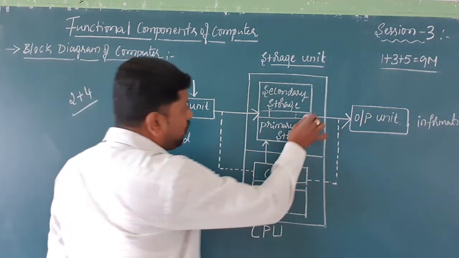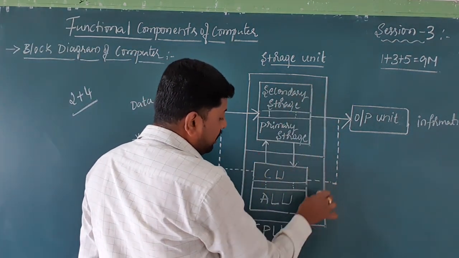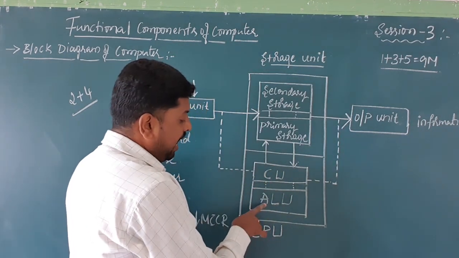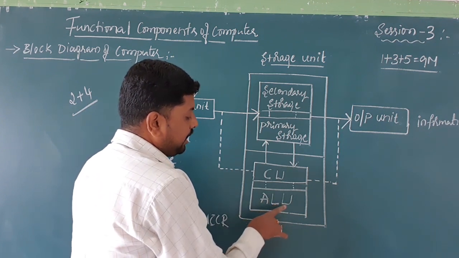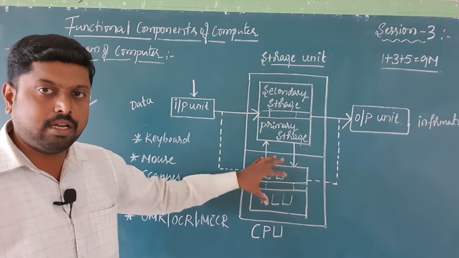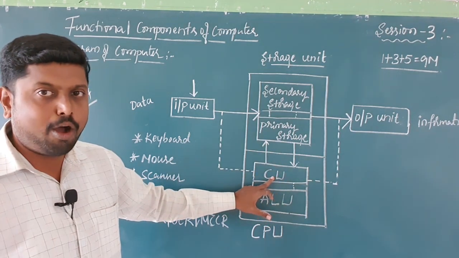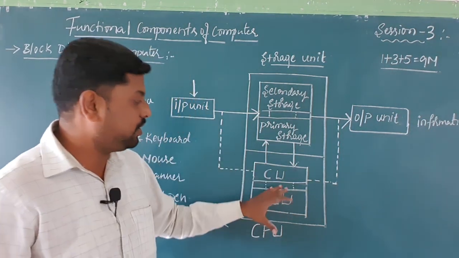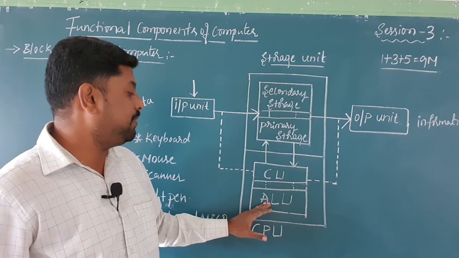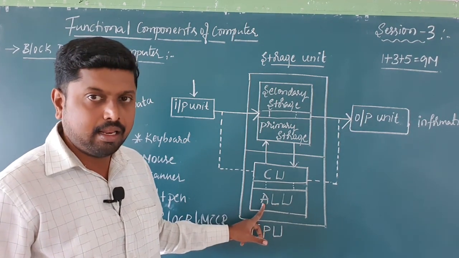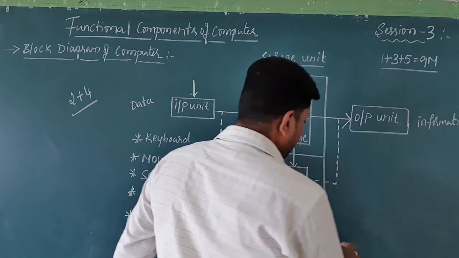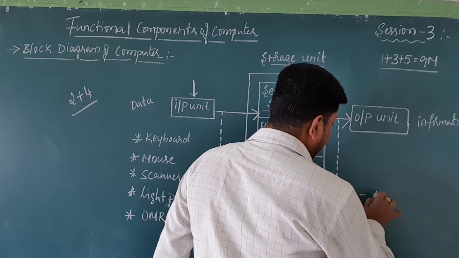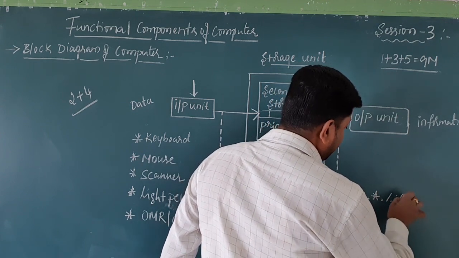Before going to the storage unit, I will come to one more unit, that is the CU, control unit, as well as the ALU, arithmetic logic unit. The CU controls the operations of the computer, almost all devices of the computer. And the ALU performs arithmetical operations like addition, subtraction, multiplication, division, percentage, modulus.